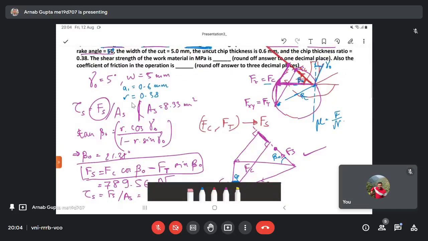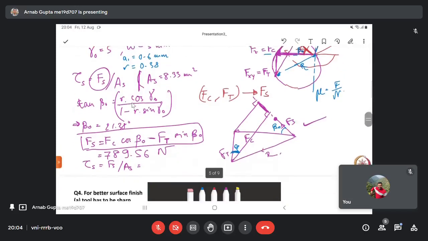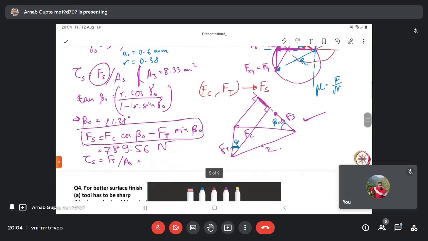Can anyone just confirm what is the value of Fs coming out?